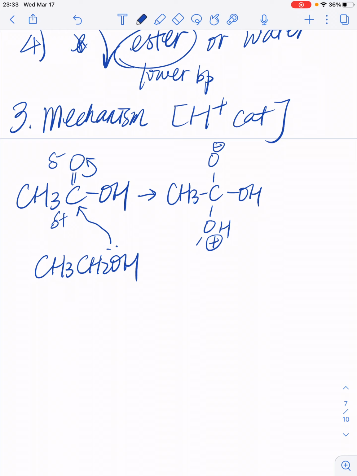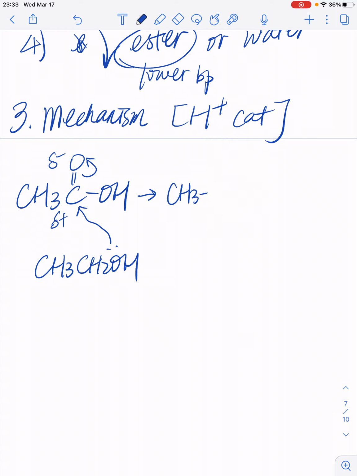What do you think? Would they work out? Nope, you're forming an alkoxide, which is very unlikely to exist in an acidic environment, right?